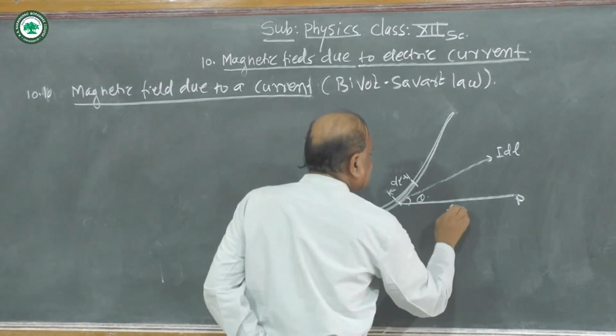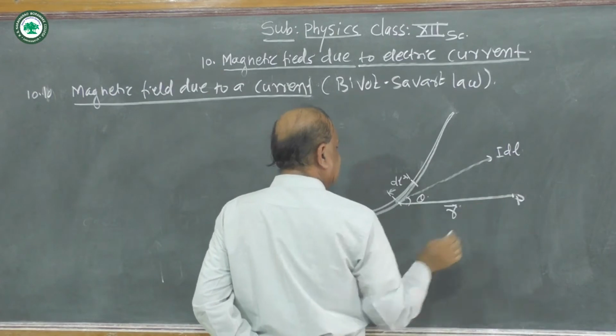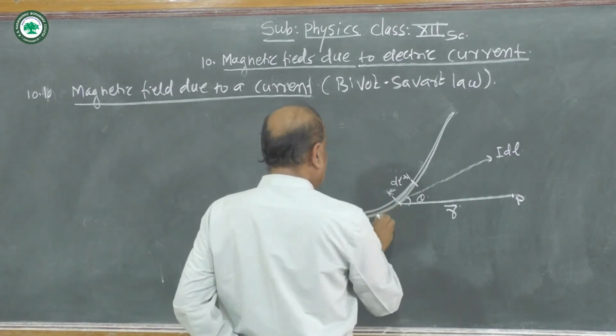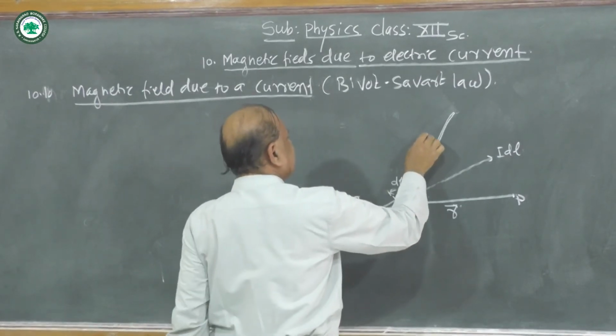This is the distance r from this element dl, and I is the current flowing through it.